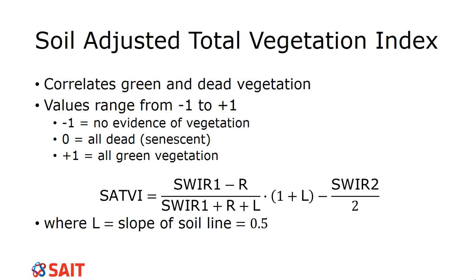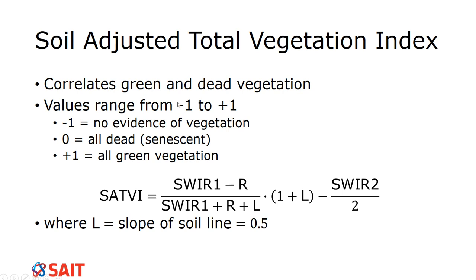like the senescent vegetation. So here we have, again, a normalized value, so it goes from -1 to 1. If it has -1, there's absolutely no evidence of vegetation whatsoever. So it's all gone. It's all just soil. If we have 0, it's all senescent. It's all dead. So whatever it was that killed it, it's now done.